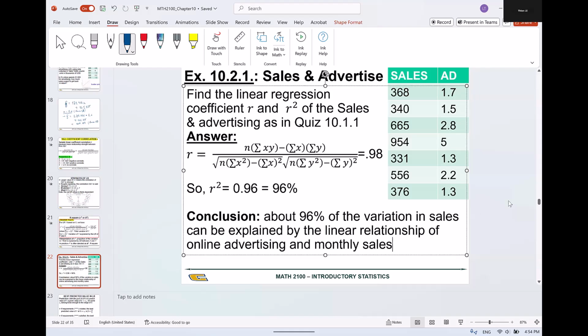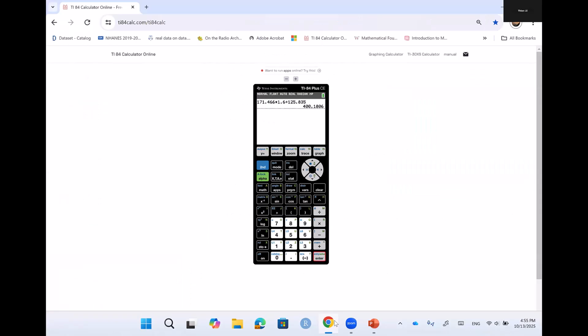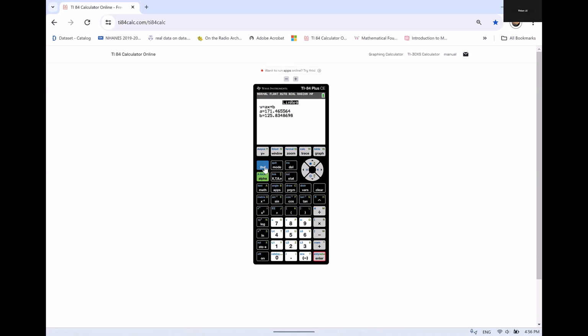And the good news is that you don't need to plug in this formula because it's very tedious and you can make a mistake very easily. You can also use a TI calculator. Press second, then go down here, and enter.